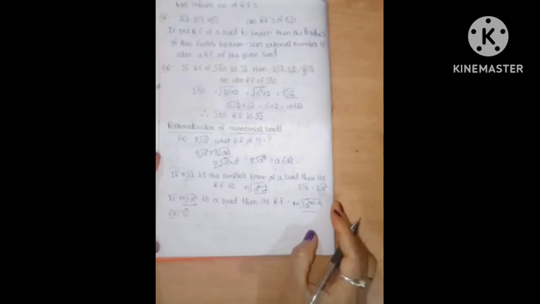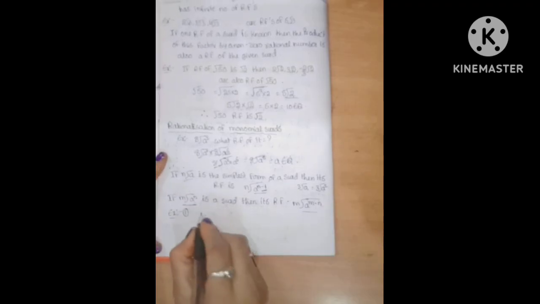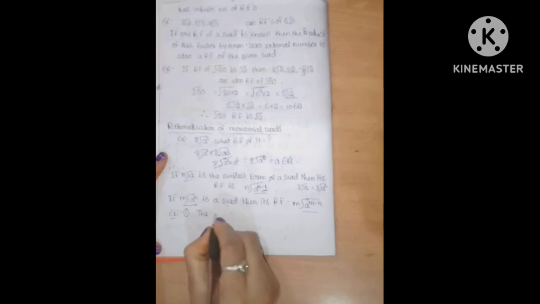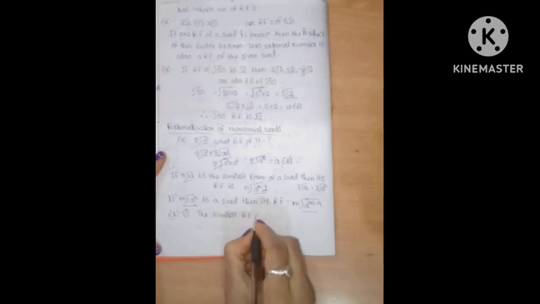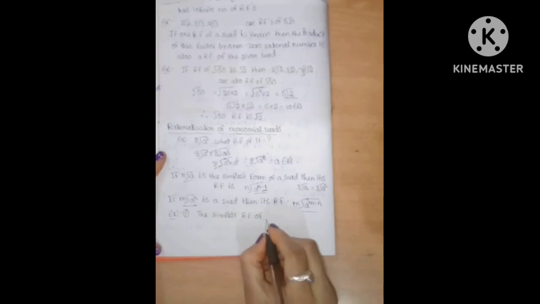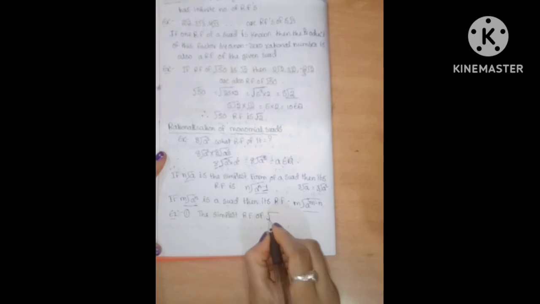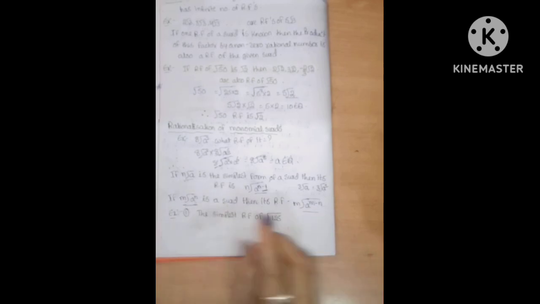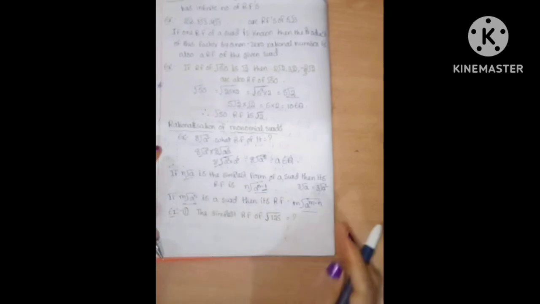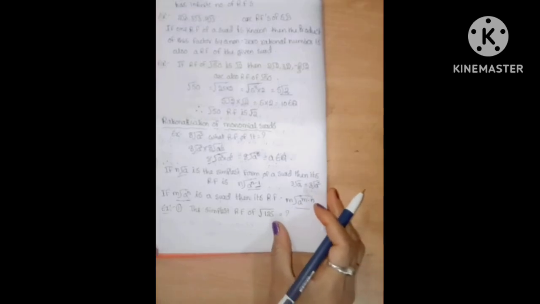First, example 1. The simplest rationalizing factor of root 125. What is root 125?